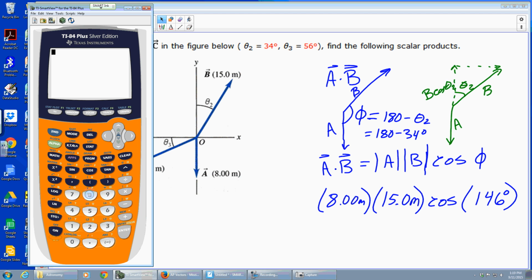So I'm going to do 8 times 15 cosine 146, and I get negative 99.5, which is good. I expected a negative value because they're pointing in opposite directions. Let's see if on a Friday afternoon the first one goes in right.